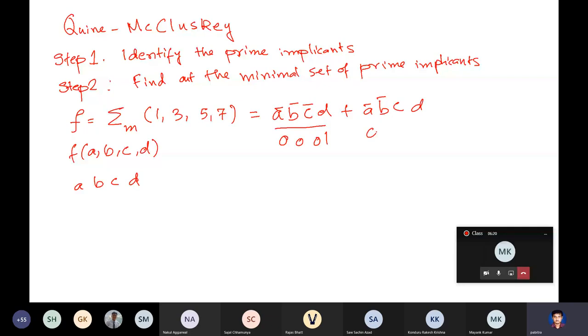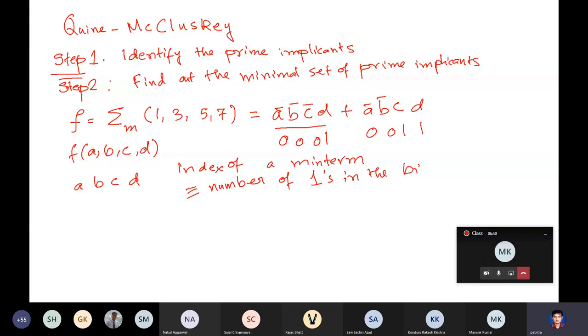I'm talking about step 1. The index of a minterm is the number of ones in the binary representation of the minterm.